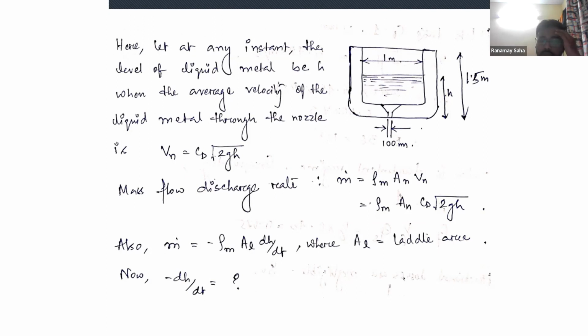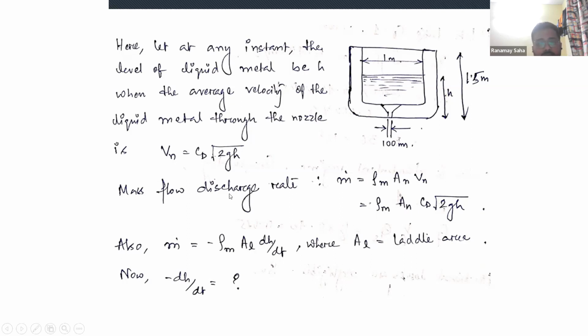What we have to do is first look at how CD varies, the coefficient of discharge CD. From the earlier problem, you know that the velocity at any particular height is given by root 2gh, and that comes from the Bernoulli equation. Now, whenever we have to consider CD, it becomes CD multiplied by root 2gh.